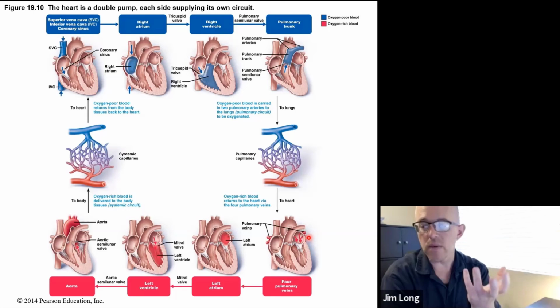And now the heart is relaxed again. Blood is flowing from the pulmonary veins into the left atrium, and from the left atrium just down into the left ventricle. And now finally the heart's going to beat. It's going to contract as we go from here to here and push the blood past the aortic valve into the aortic arch. So here's another heartbeat.